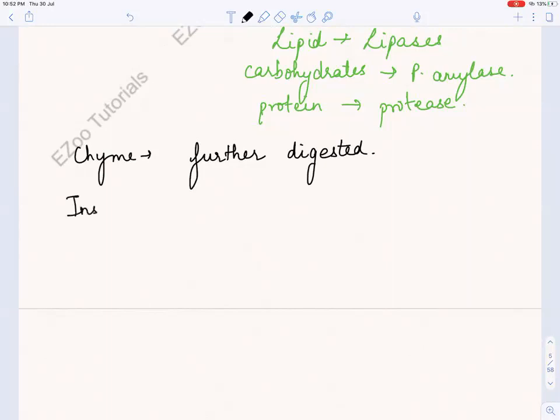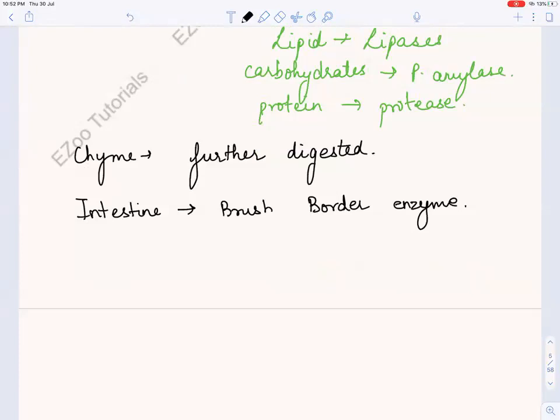When we study the intestine, we'll see that there are many other brush border enzymes present that help in further digestion of food. So what can be these enzymes?